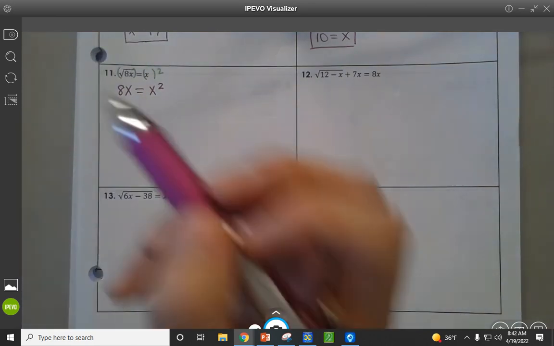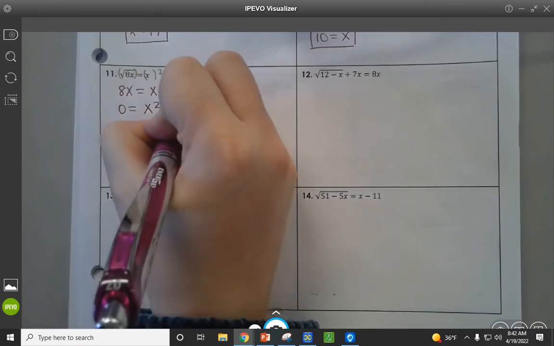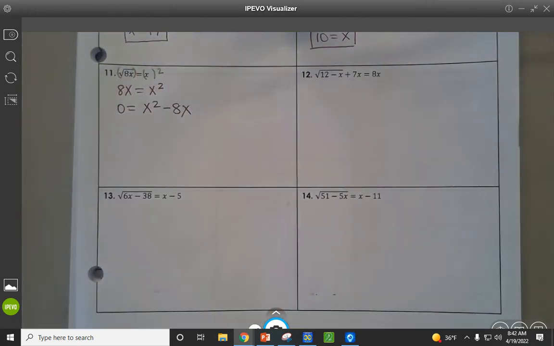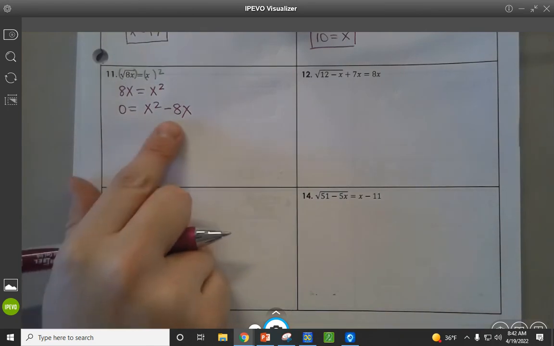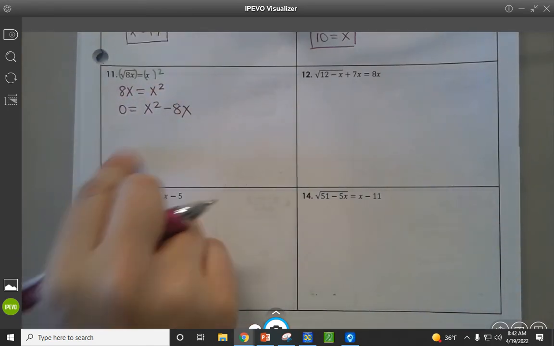Now, what do I need to do with this? What do those two terms have in common? They have an x. So factor out an x, leaving me with x minus 8.